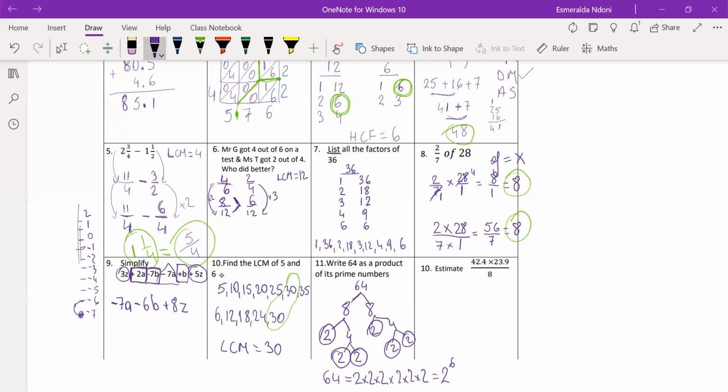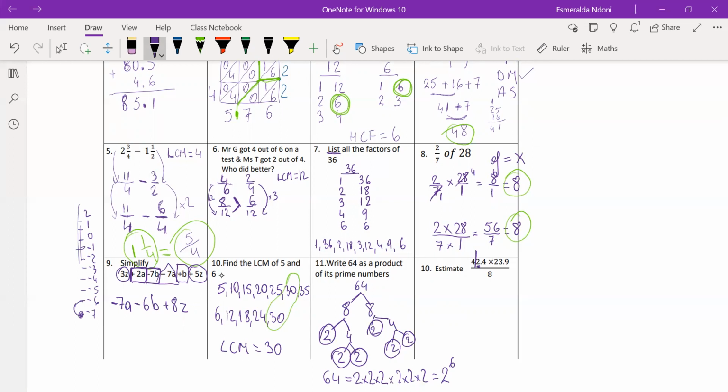Question number 12. Estimate. To estimate, we round to 1 SF. So we count the first number and draw a line behind it. We check the number behind the line. That's a 2. 2 is not strong enough to change the 4.